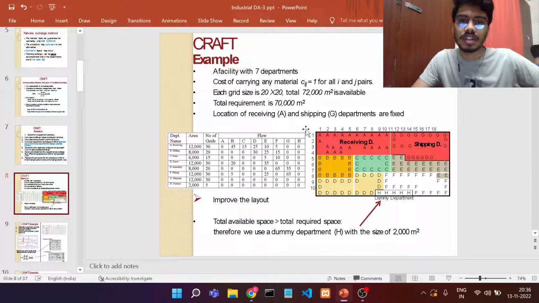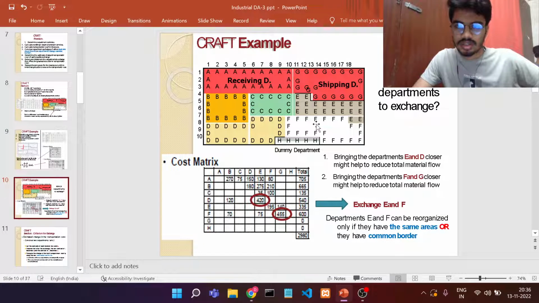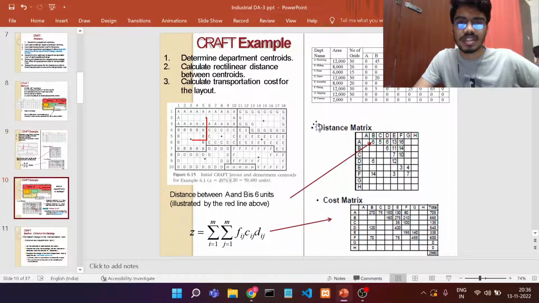The requirement is 7000 square meters, so we are left with 200 square meters. The procedure is to first determine the department centroids, calculate the rectilinear distance between the centroids, and calculate the transportation cost for the layout. So basically this is CRAFT.